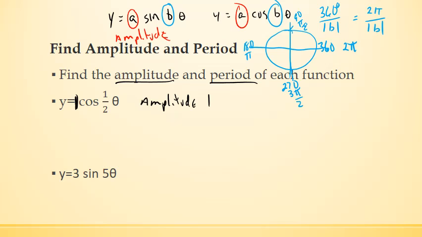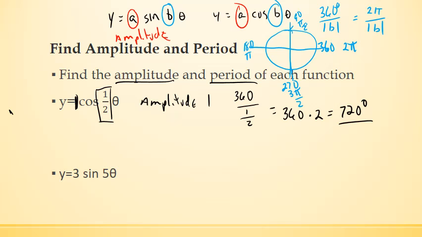Now on the period, here's our value of b, 1/2. So we would have 360 divided by 1/2. I'm just leaving off the absolute value because it's a positive number. And 360 divided by 1/2 is the same as 360 times 2, and 360 times 2 is 720. So the amplitude is 1 and the period is 720.